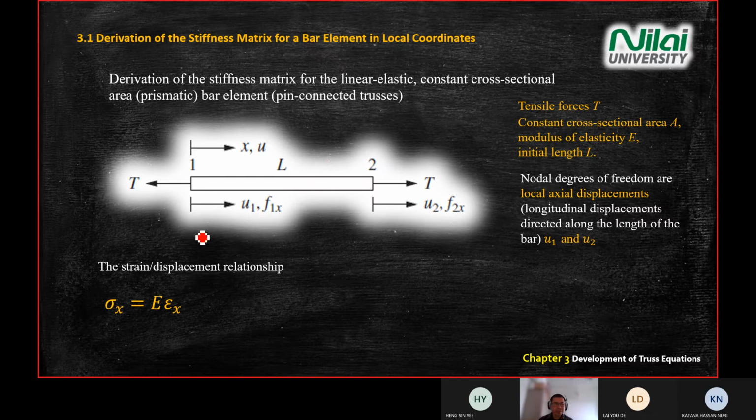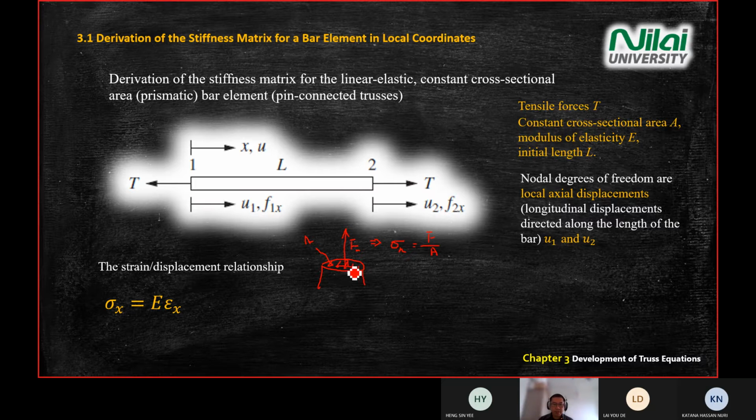Okay, just a recap. If you have a cylinder body, this is the area. If you have a force perpendicular to the area, this will generate normal stress. You take the force, because this is normal, and divide by the area. This becomes stress.